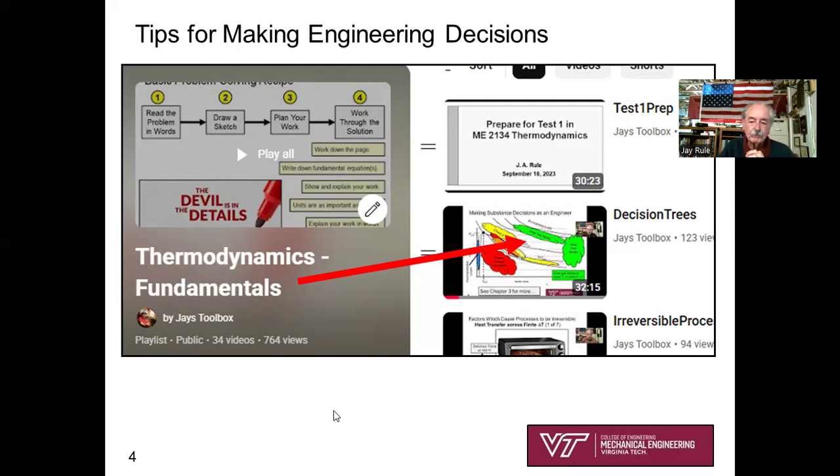In that video, instead of dragging you through definitions, I try to put it all together and give you tips on how to make engineering decisions when you're faced with a problem, not stepping you through the textbook material. I suggest you browse it. It would probably take you less than 32 minutes if you jump ahead and back. So go find the Thermodynamics Fundamentals playlist, Decision Trees.